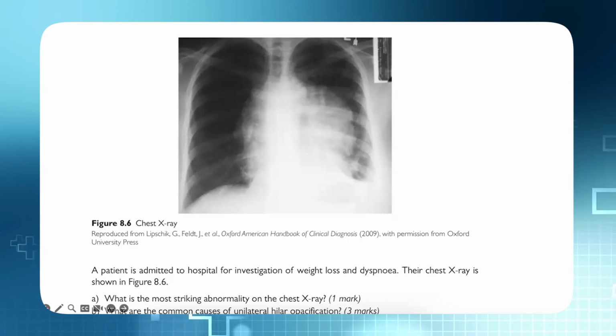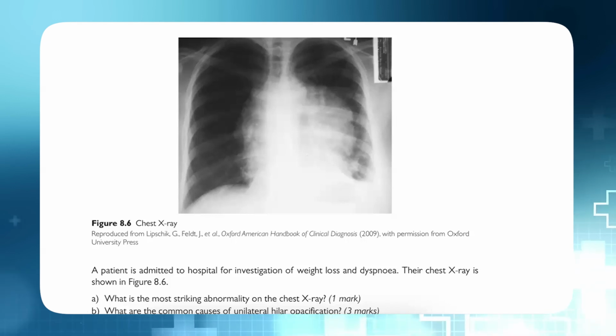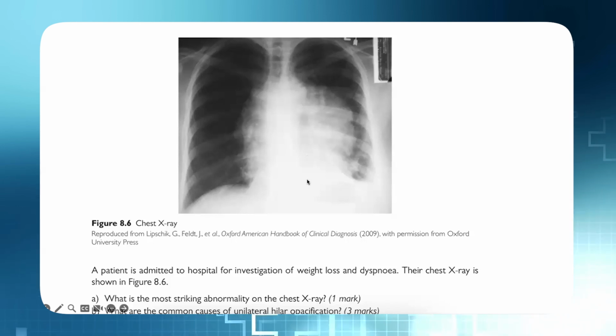One can be a parahilar mass, another a hiatus hernia, or there may be consolidation, left-sided pneumonia, a nodular mass, or enlargement of nodes, or collapse. You have to utter all these things. It can be collapse, it can be a mass, or the margin is also not regular.